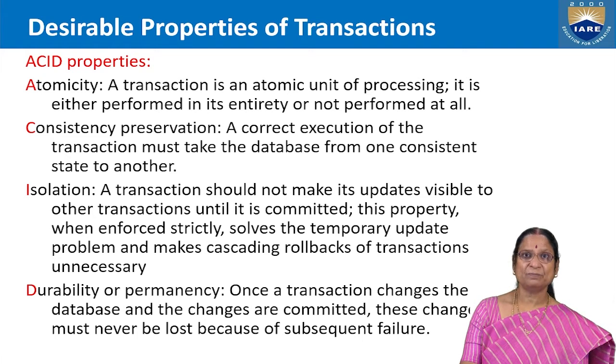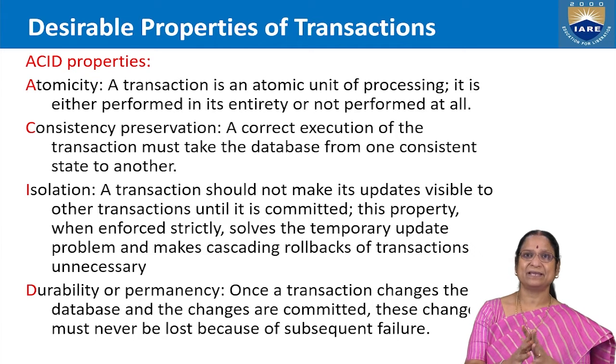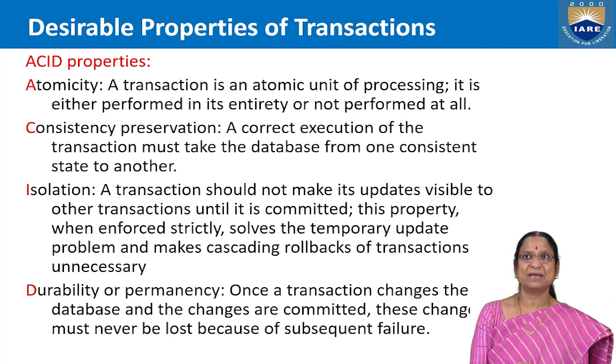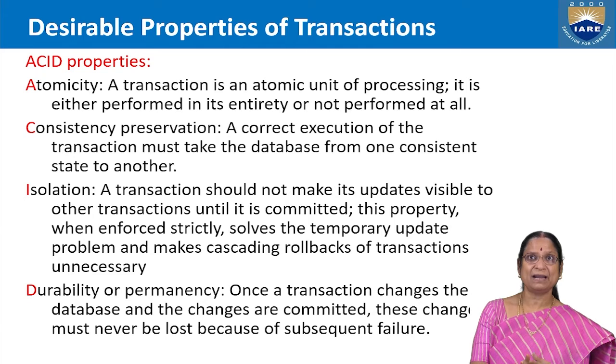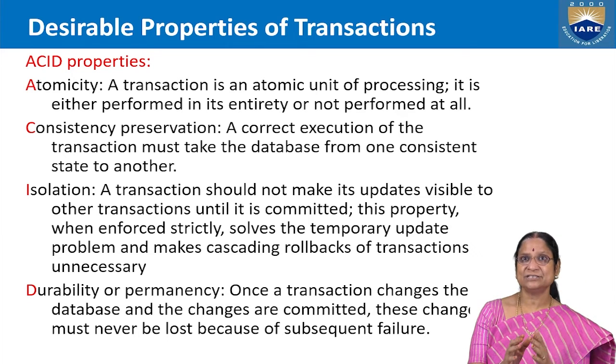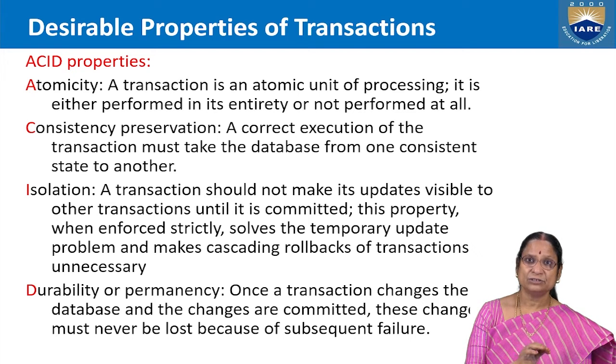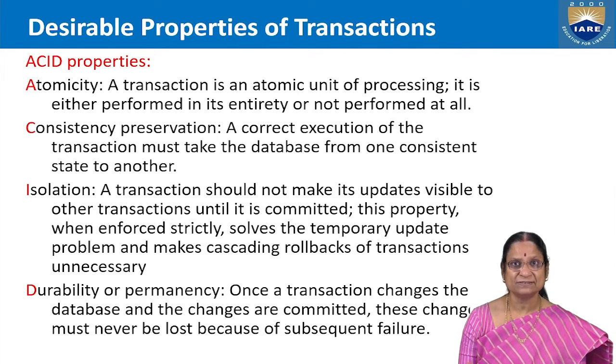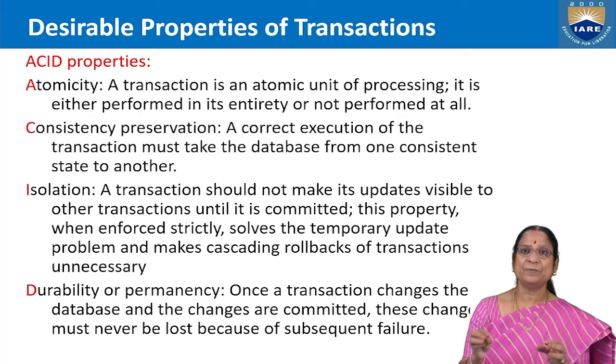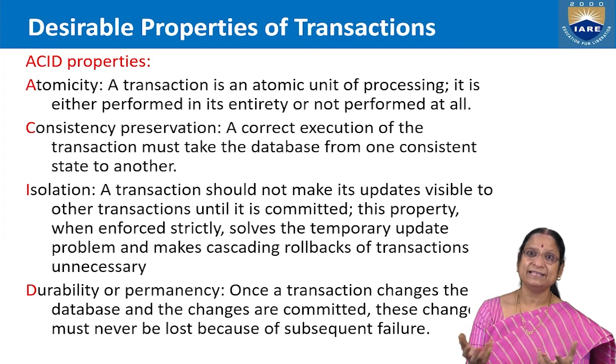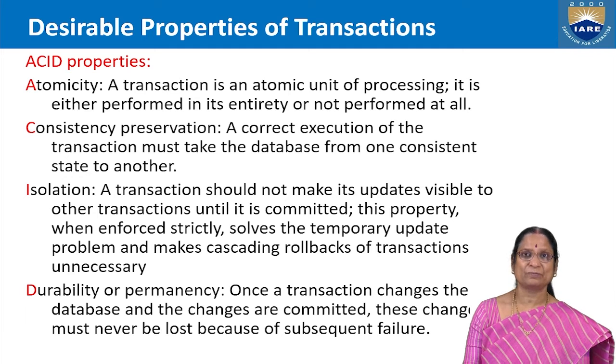What is the atomicity property? A transaction must be atomic. That is, a transaction must be an atomic unit of processing. What is meant by atomic? Either the transaction must be performed in its entirety, or none of the operations of the transaction should be performed. All operations must be performed, or none of them.